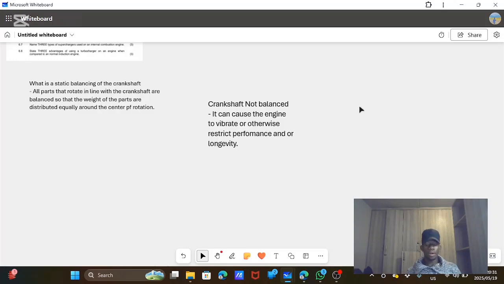So we learned a lot about ways to improve engine balance. To improve engine balance, you need to distribute the mass of rotating and reciprocating parts evenly. This is how you improve an engine and the imbalance.